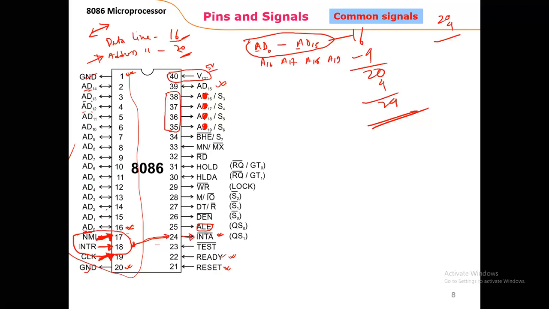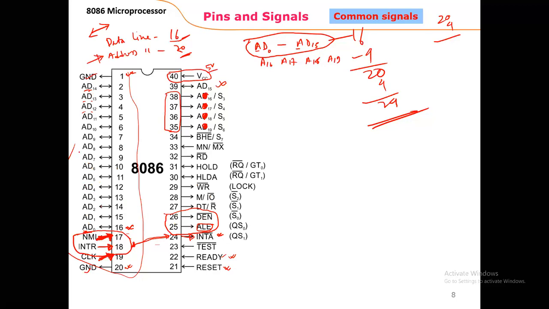If this ALE is active, then the address latch is enabled, the address line is enabled, and this is the data line enable, DEN, okay? Clear? This is the address line enable, this is the data line enable. All are clear? Pins 25 and 26. Yes, sir.